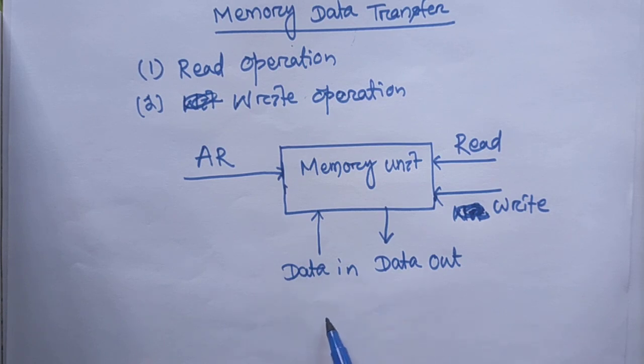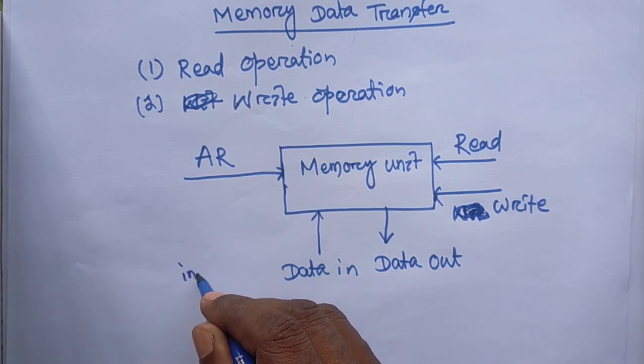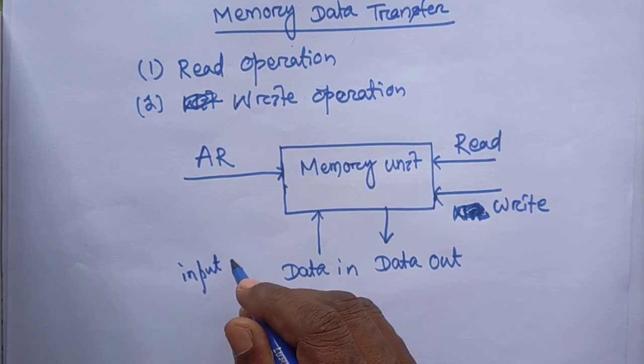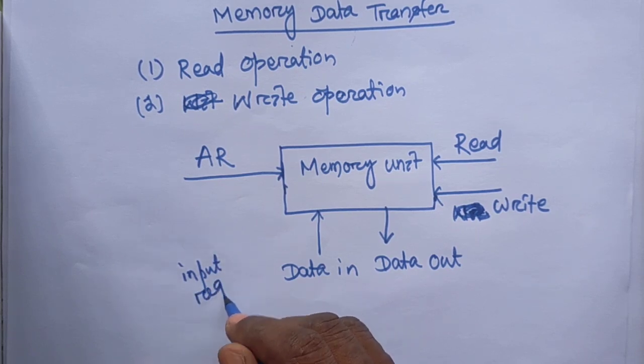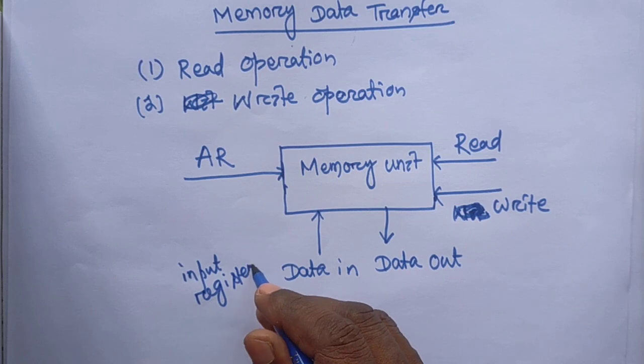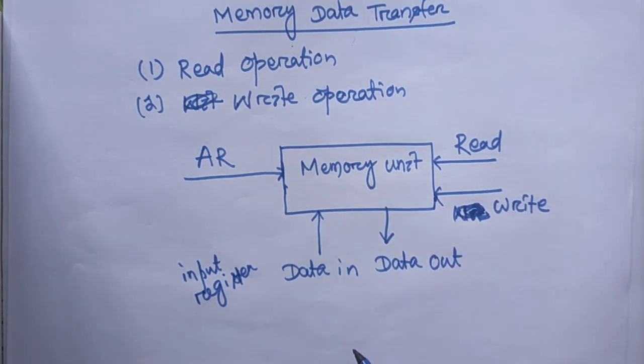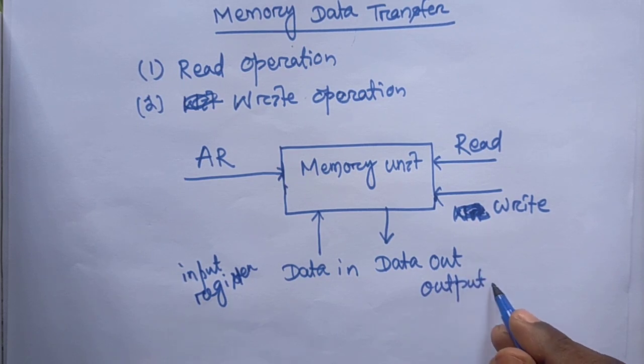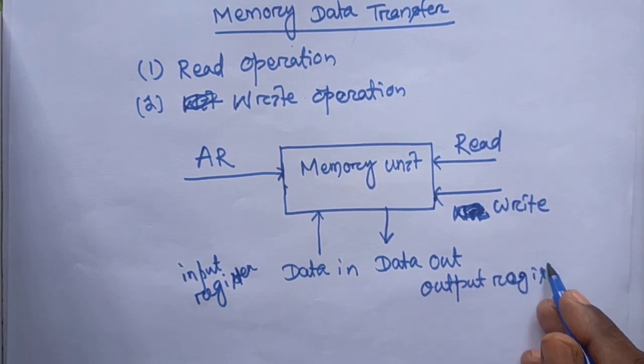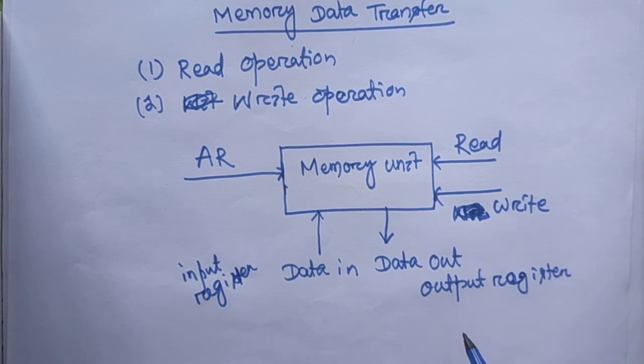This is actually through the input register. We write something into the memory through the input register. Similarly, the output register retrieves data from memory.